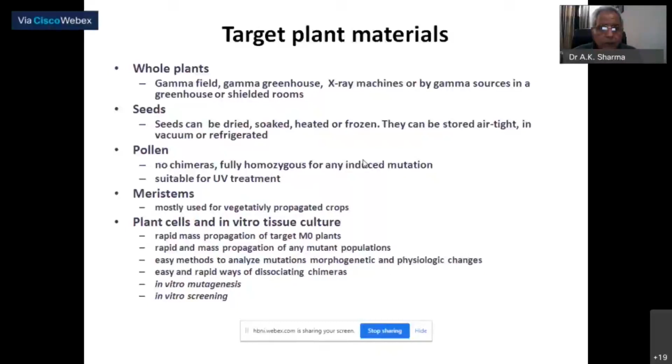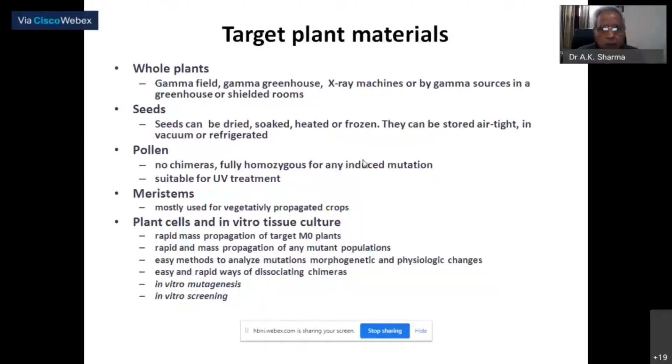First of all, your information is almost half. We know you're dealing with a homozygous set of genes, and they don't produce chimeras when we grow or use pollen grains.